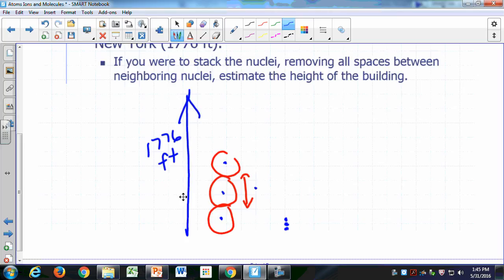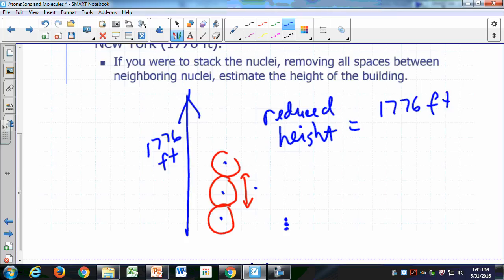So your reduced height would be the original height, 1776 feet, divided by 10 to the fourth. It's going to be 10,000 times smaller, right? Remember, this distance is 10,000 times smaller than this distance right here. So if you remove the gaps between the nuclei, just stack the nuclei right on top of each other, your distance is going to shrink to 10,000 times smaller.